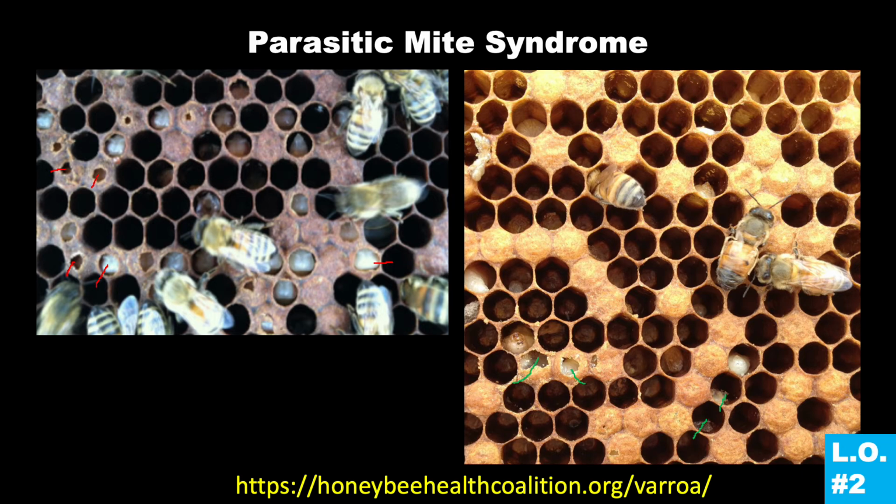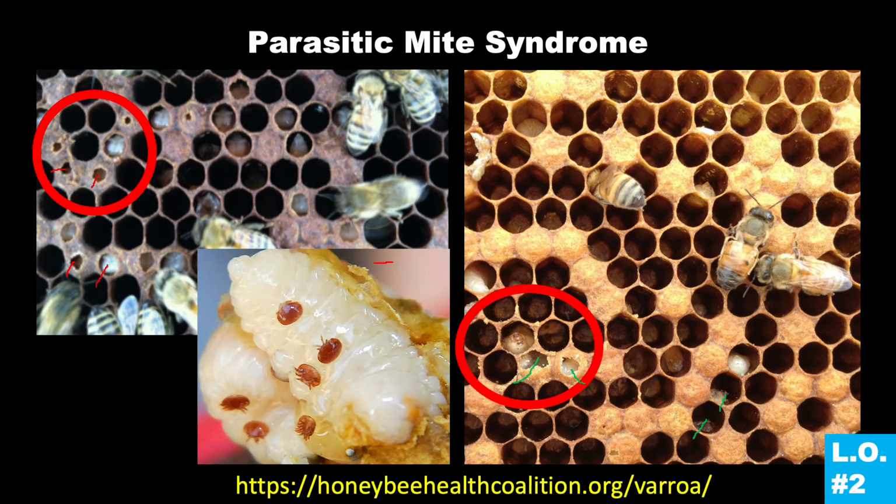So parasitic mite syndrome, just as the name would imply, involves mites, and these mites are huge relative to the size of the bee.